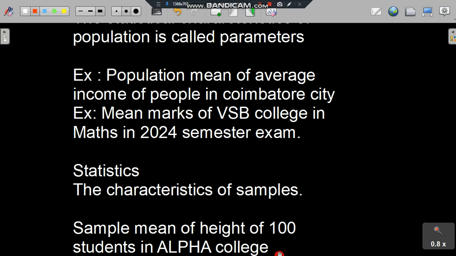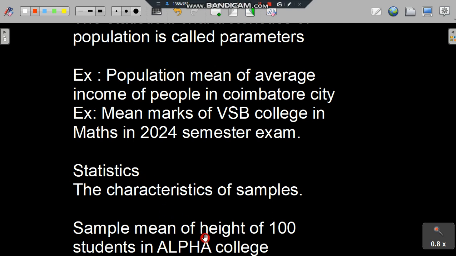I am taking 100 students, and for them I am finding the mean height. This mean height is connected to the small sample. So this sample characteristic we call a statistic.